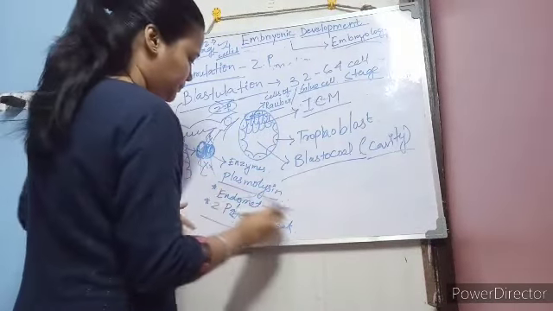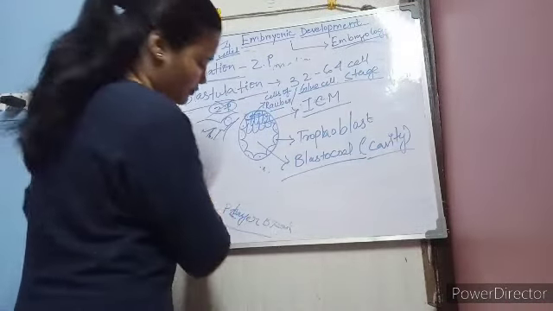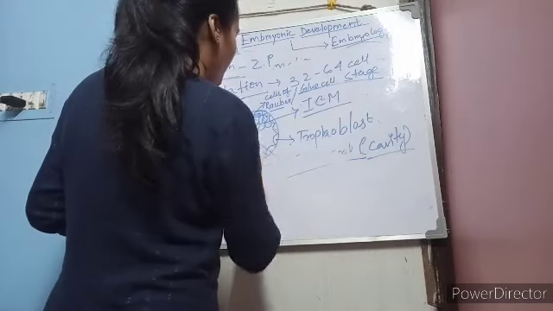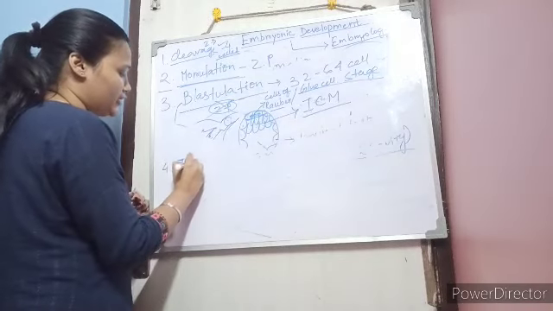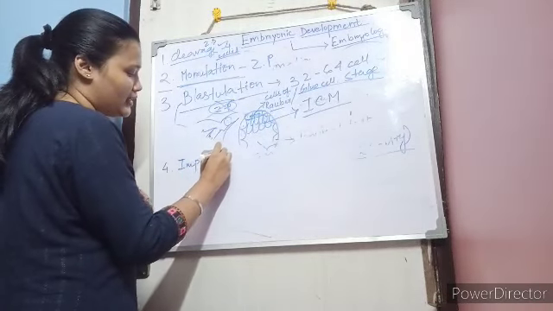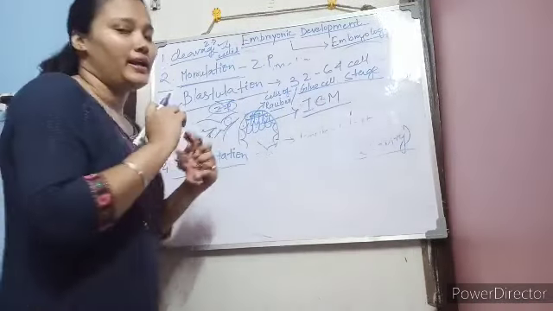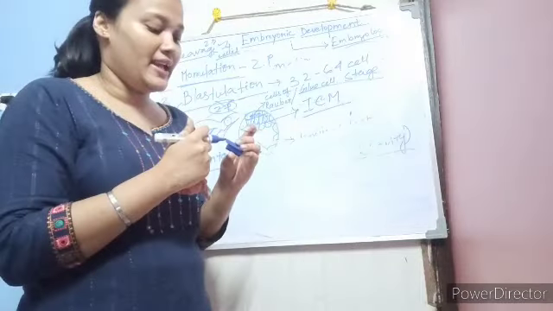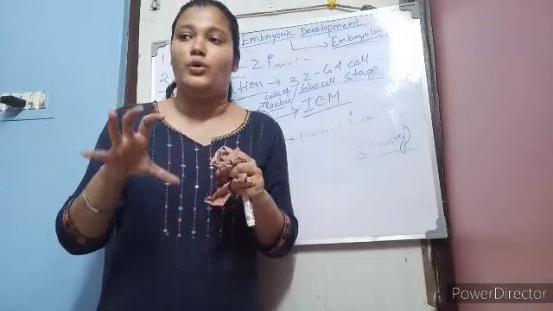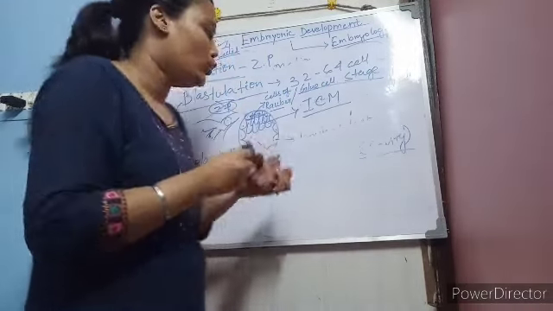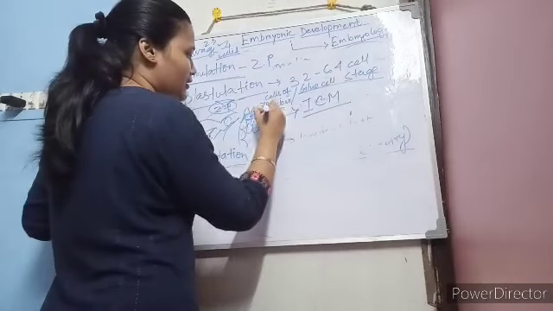Now implantation will take place after blastulation. Implantation means it will implant itself. The developing embryo will implant inside the endometrium wall. It will further become like this.